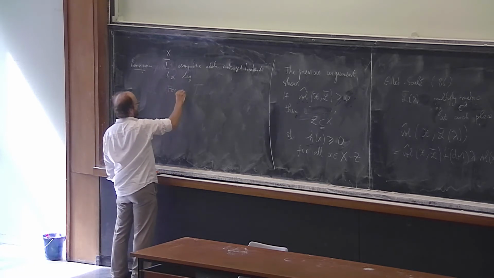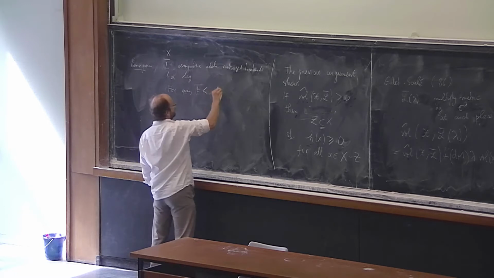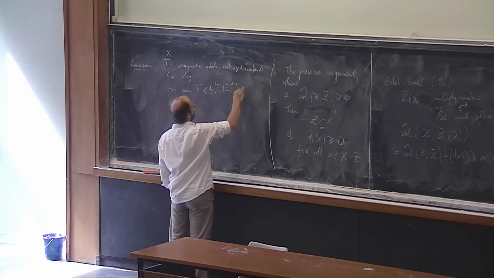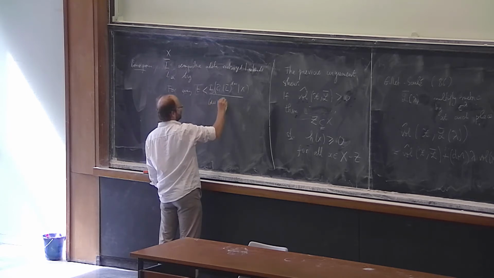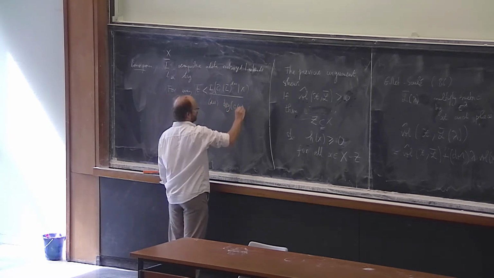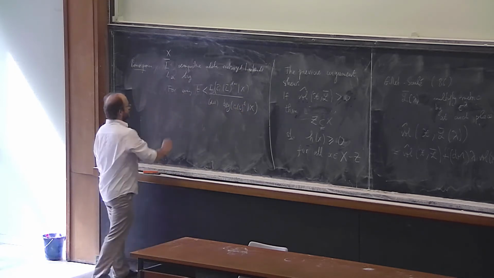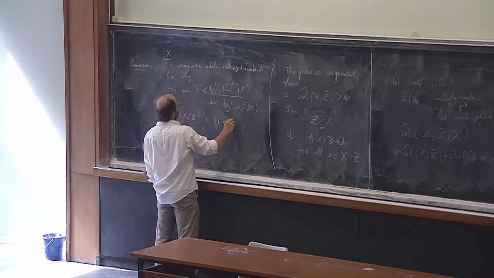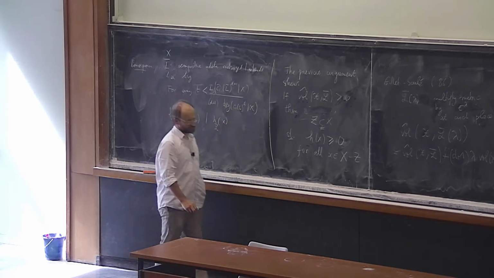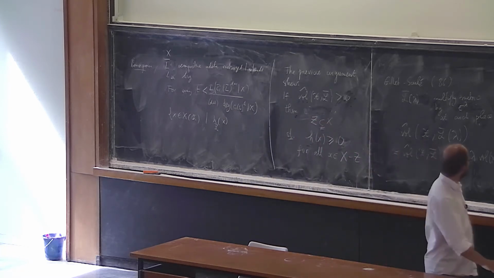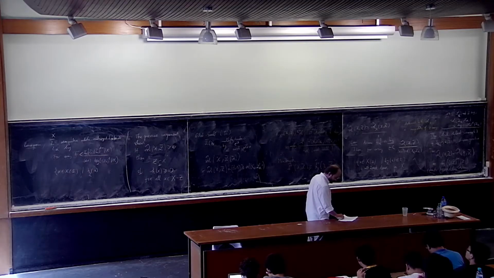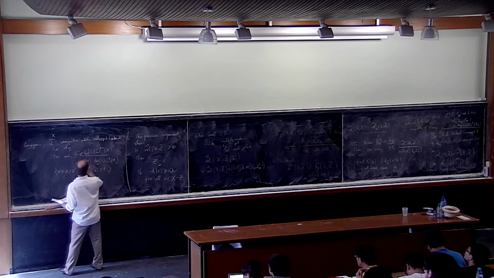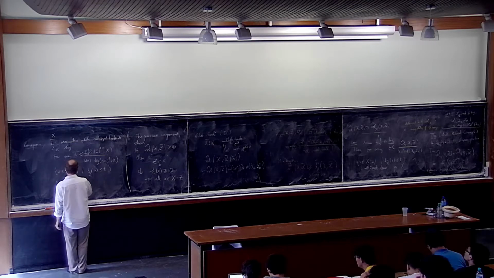And for every t smaller than c1 hat of L bar to the d plus 1 on X divided by d plus 1 times the degree of c1 of L_Q to the d on X, the set of algebraic points of height smaller than t is not Zariski dense.